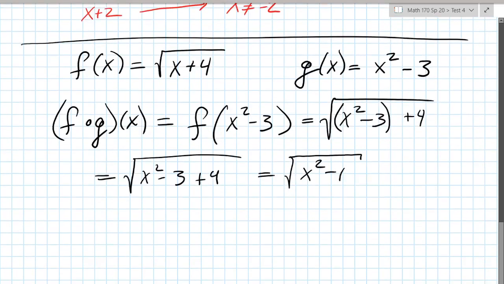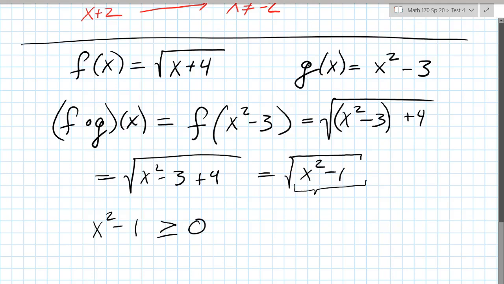Now, in order for this radical to be a real number, what's underneath the radical has to be positive. That is, x squared minus 1 needs to be greater than or equal to 0.